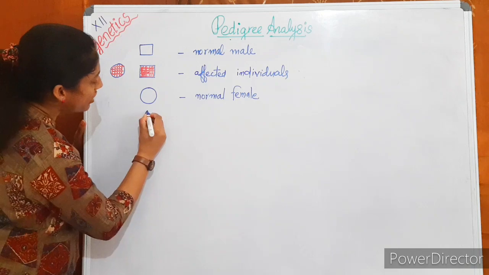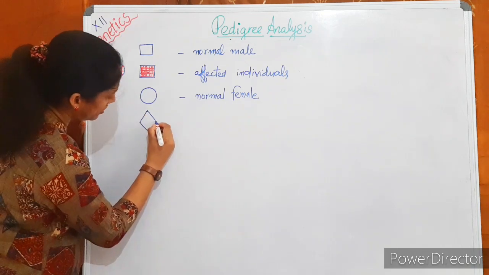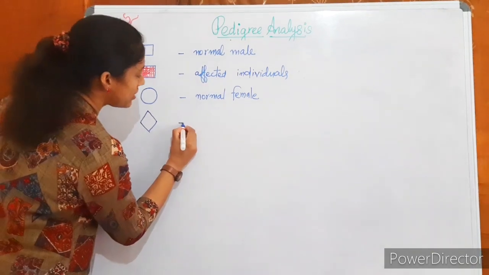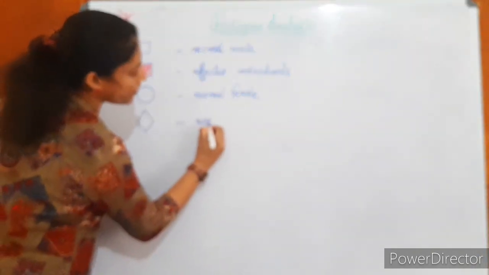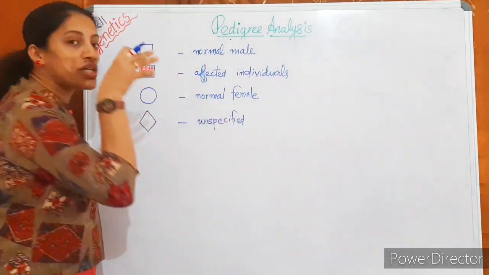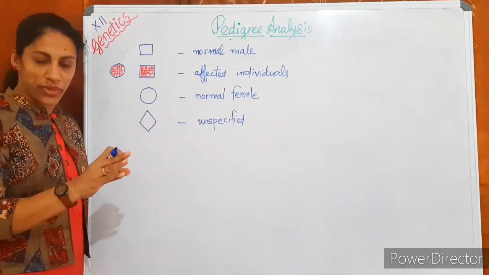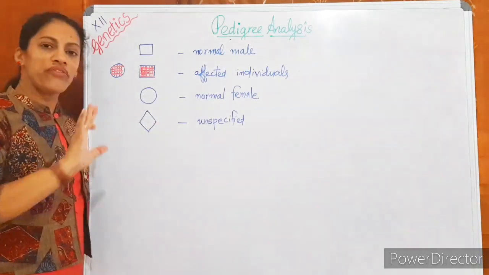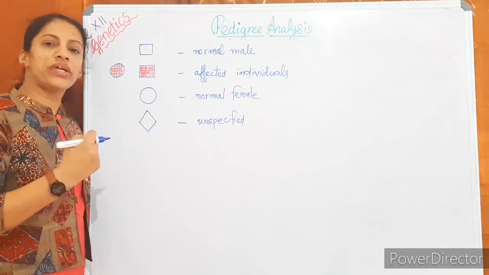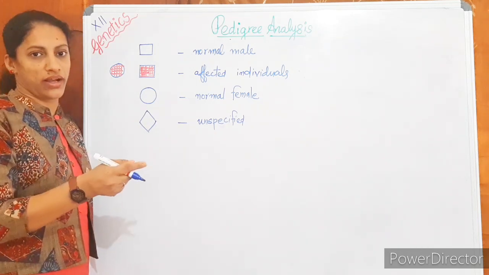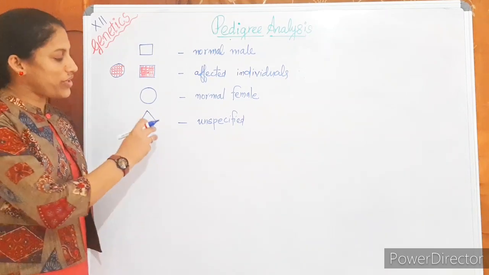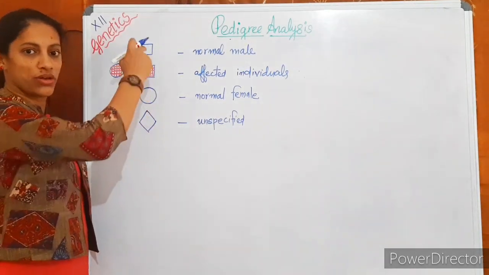Then if there is a rhombus shape in a pedigree, this shape indicates unspecified sex. That means whether that particular member is male or female, we have no idea. The person who prepared the chart or collected the information has no clear idea whether that member is male or female, so we cannot use either symbol.